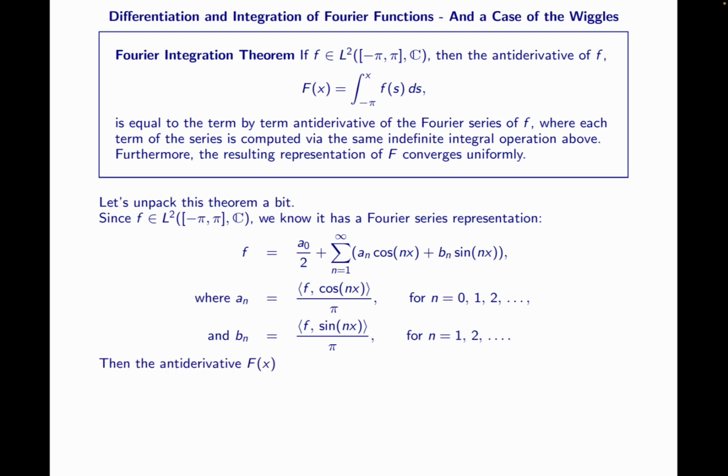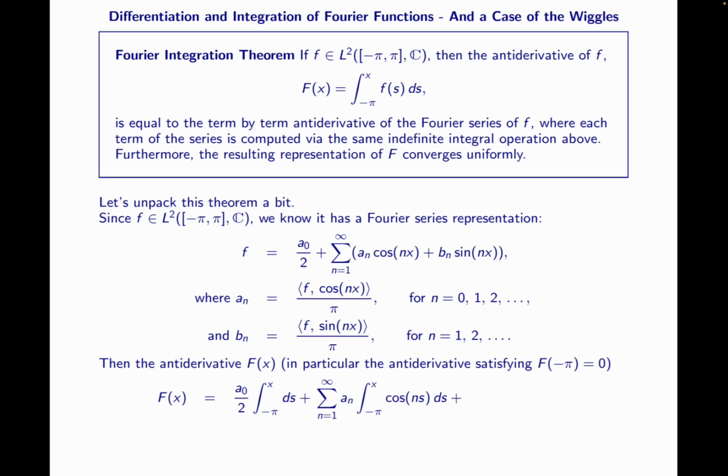The antiderivative, big F of x, as I mentioned, is in particular the antiderivative satisfying F of negative pi is 0. If I go term by term, I get the antiderivative of the constant term plus the sum of my cosine coefficients times the antiderivative of cosine nx, plus my sine coefficients times the antiderivative of sine nx.